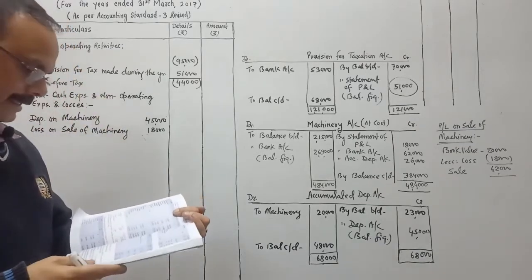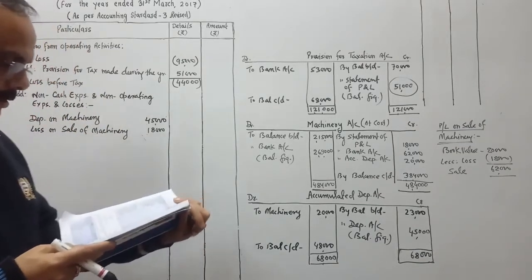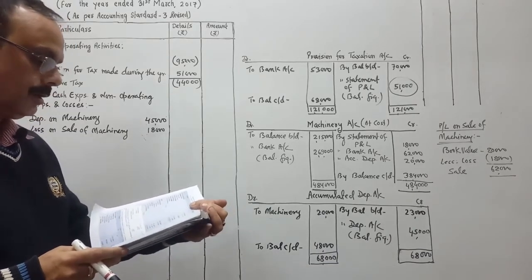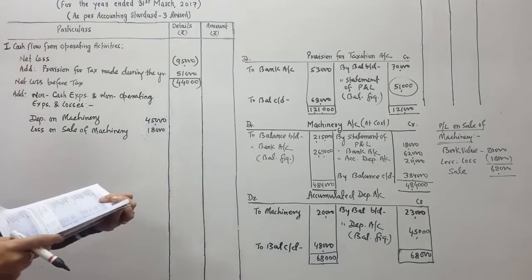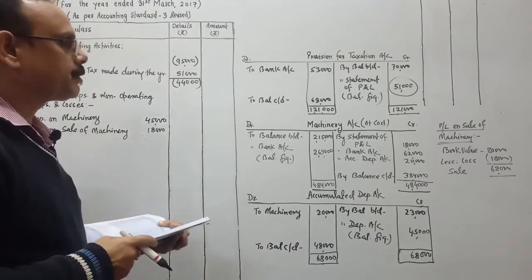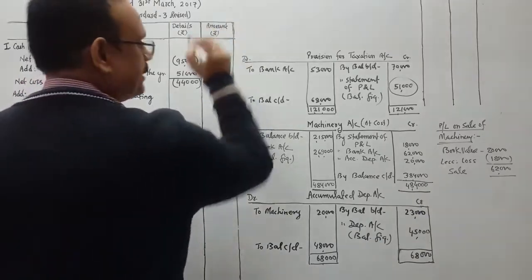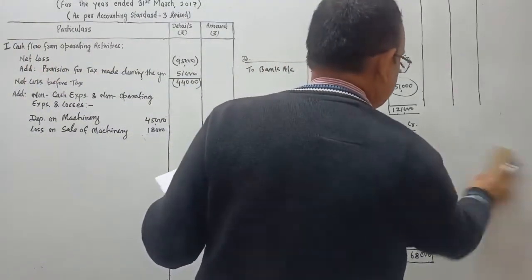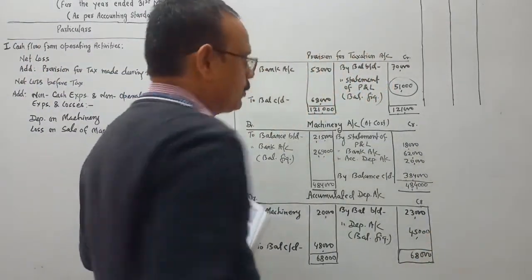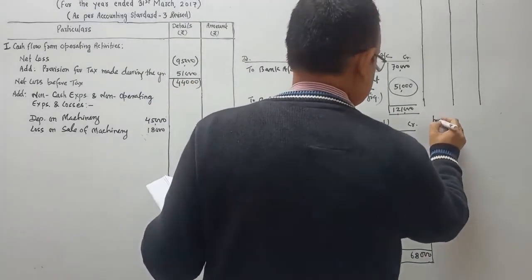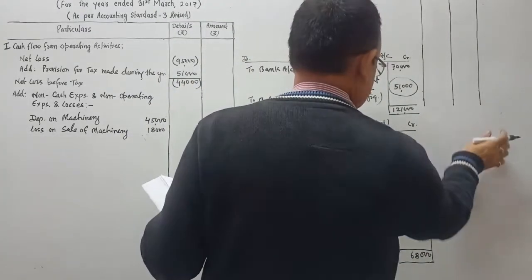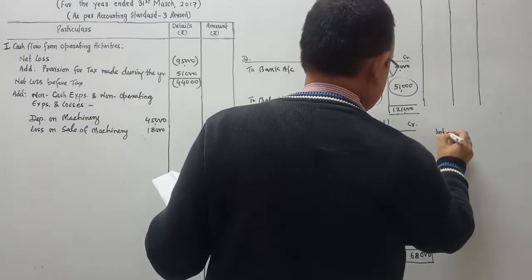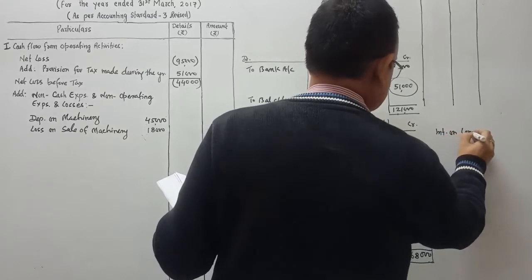Is there anything else related to that? Non-operating expense, it is interest on long-term loan. We are going to calculate the interest on long-term loan.